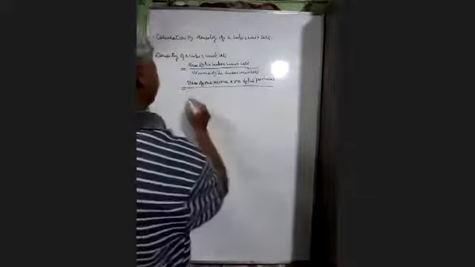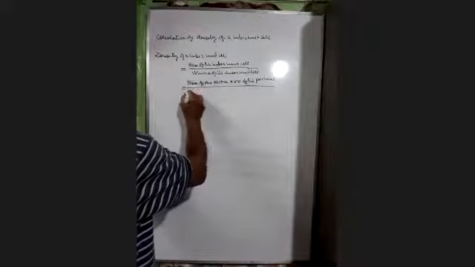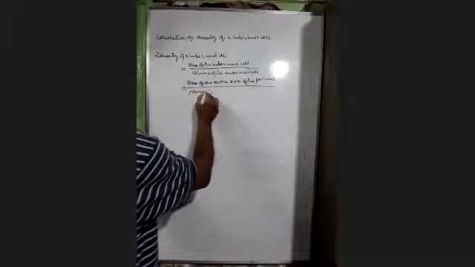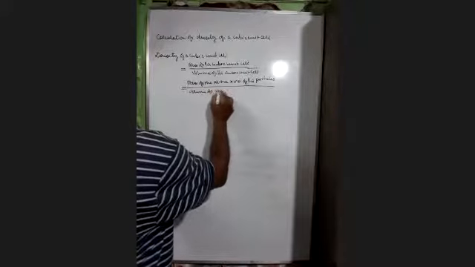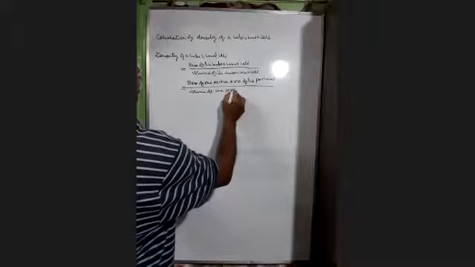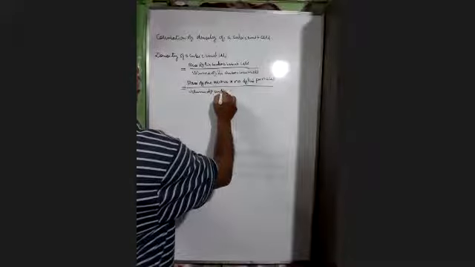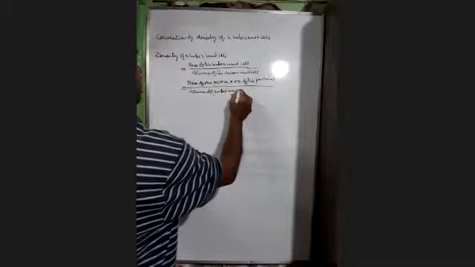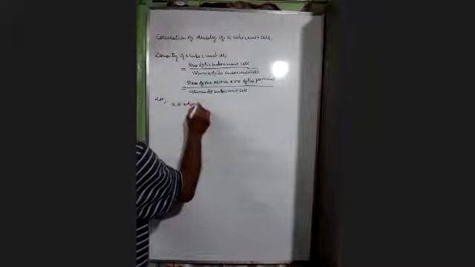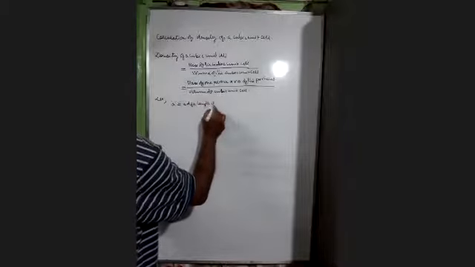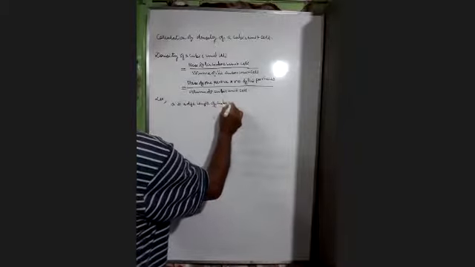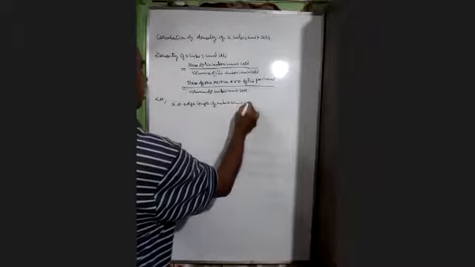Divided by volume of one cubic unit cell. See, let a be equal to the edge length of the cubic unit cell.